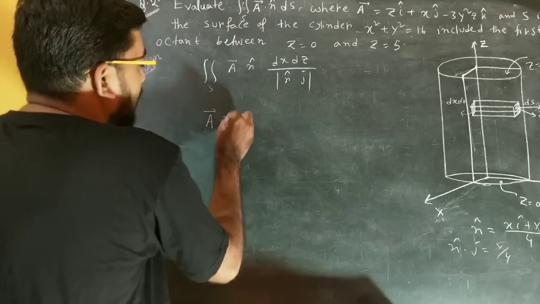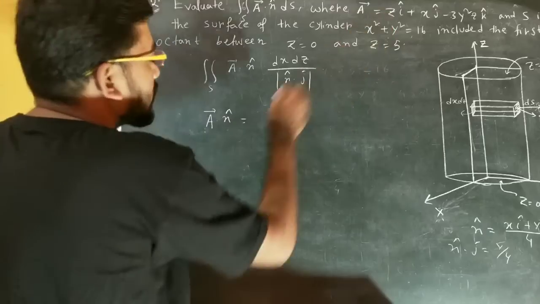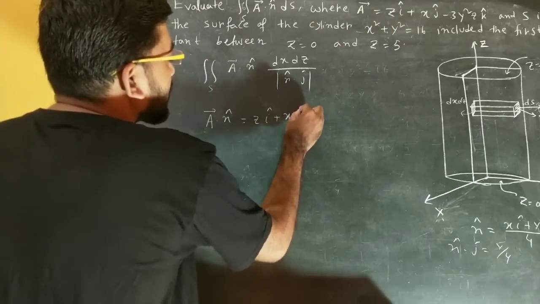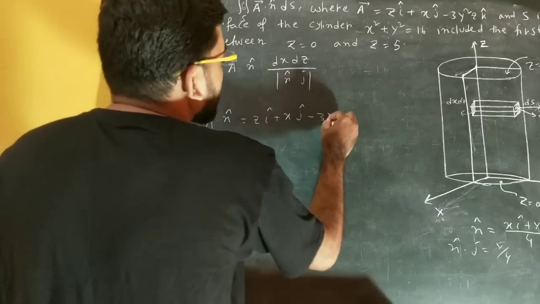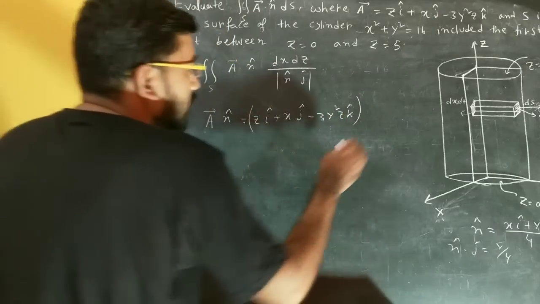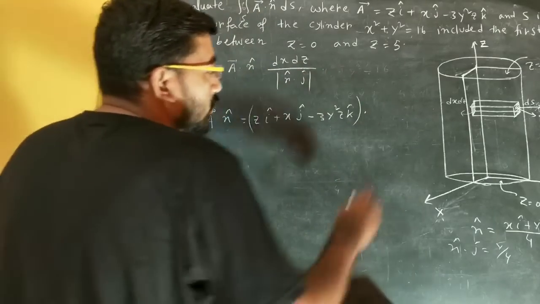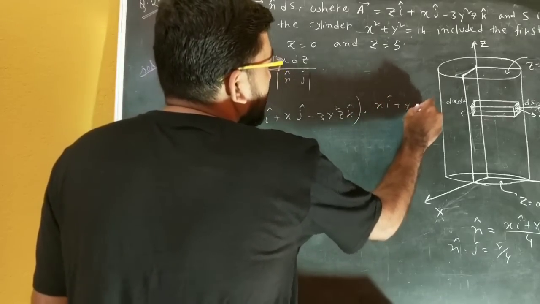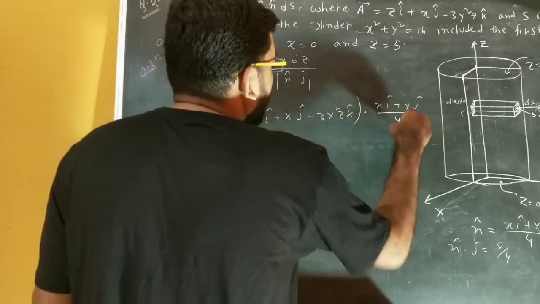So A dot n cap is just this expression. A is zi plus xj minus 3y square zk, dotted with n, which is xi plus yj divided by 4.